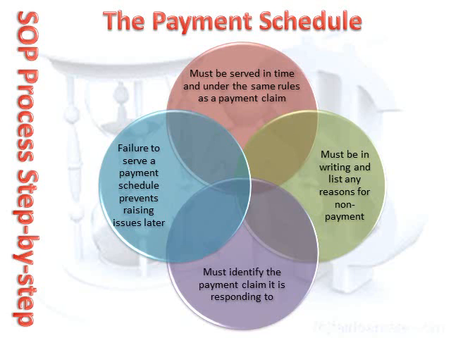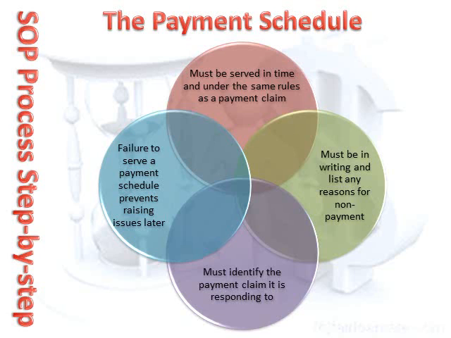When putting reasons into a payment schedule for non-payment, you do not need to include a full legal explanation, only the reasons, such as the work claimed was not done or the work was not to standard and the contract allows the client to withhold part payment.